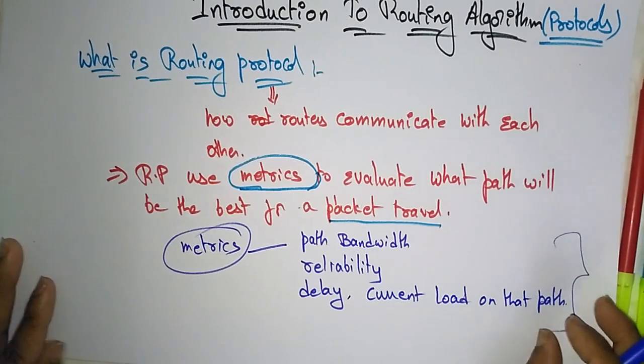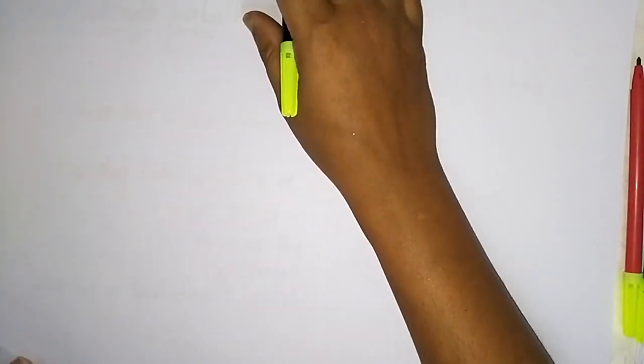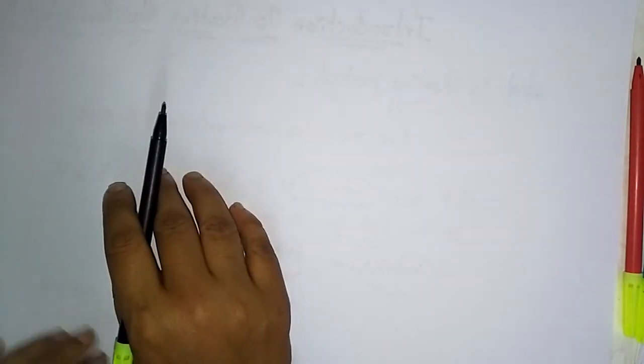The routing protocols were previously used in wired networks. Now we are discussing wireless, but first it started with the wired network. The routing protocols used in wired networks cannot be directly applied to ad hoc wireless networks.